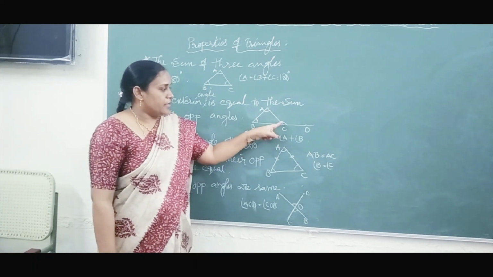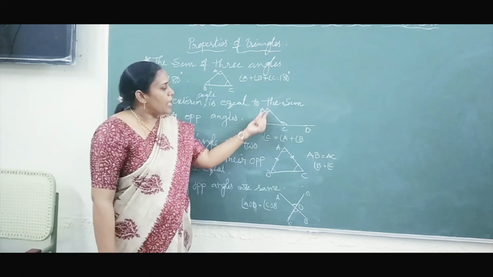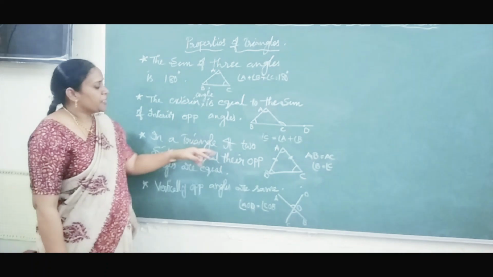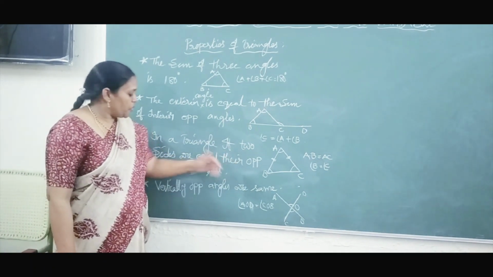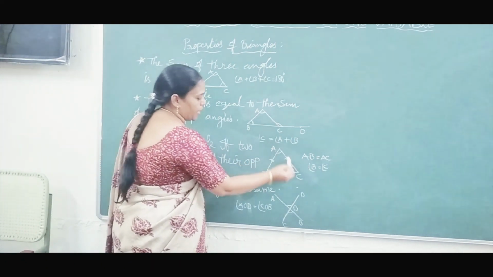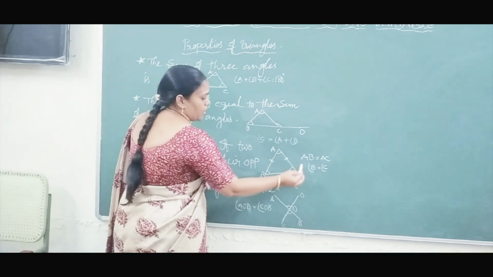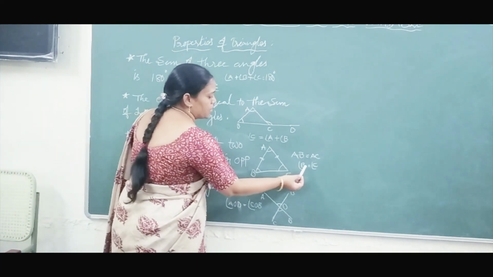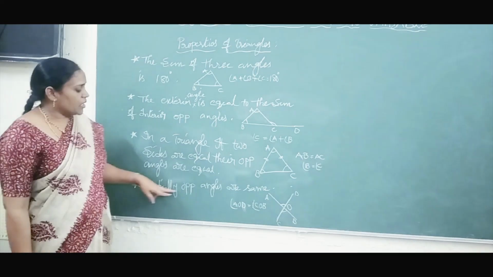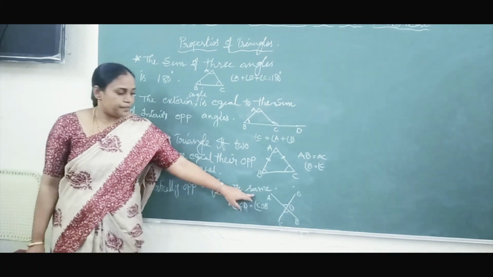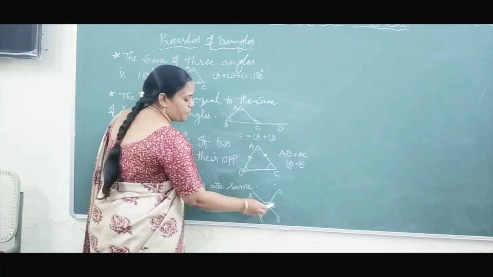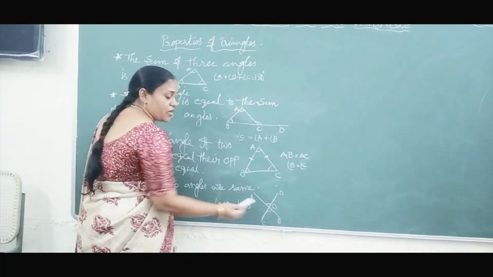That is, angle C is equal to angle A plus angle B. Third property, in a triangle, if two sides are equal, AB equal to AC, then the opposite angles are equal, angle B equals angle C. Fourth property, vertically opposite angles are the same. Two lines intersecting at one point form two angles of the same value.